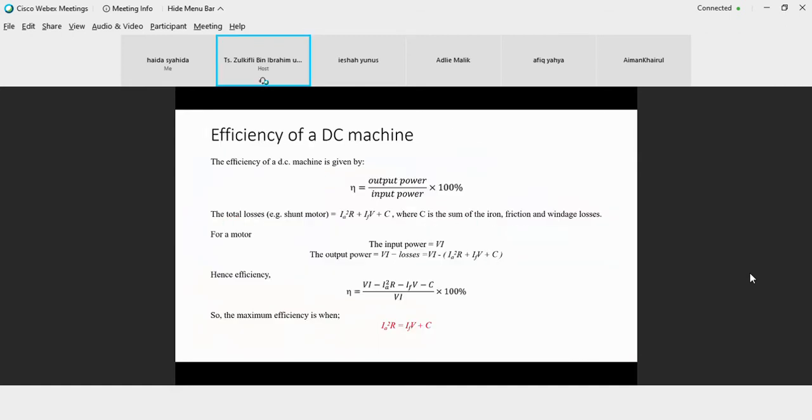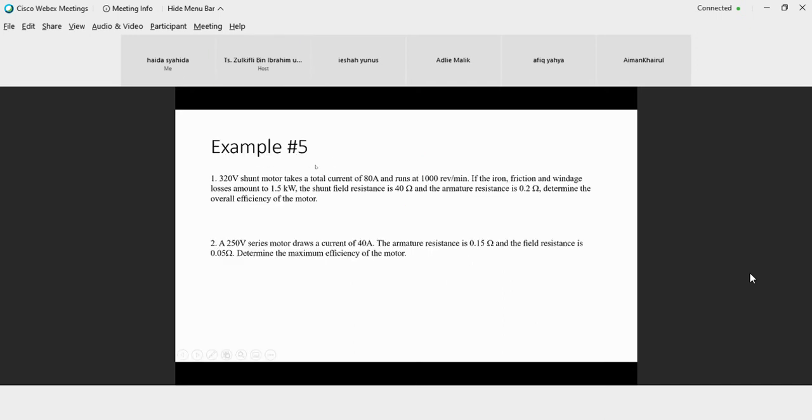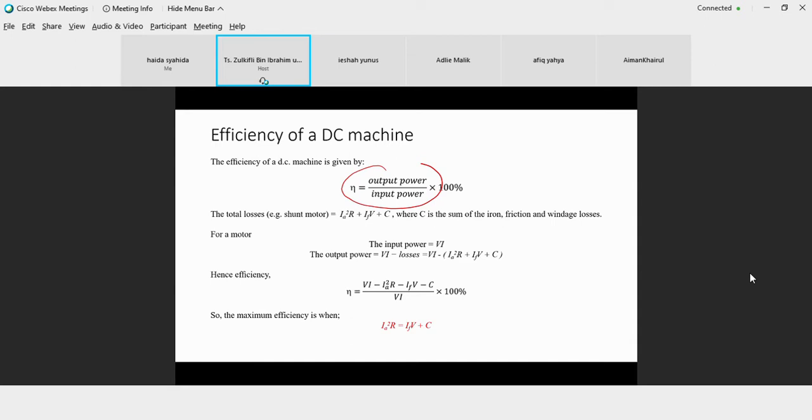So as for the efficiency of the machine, for a DC machine, efficiency is output divided by input times 100.